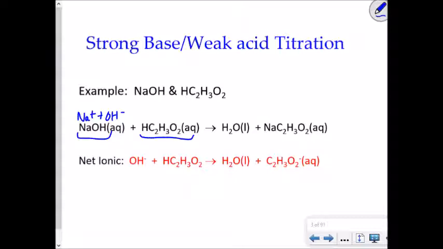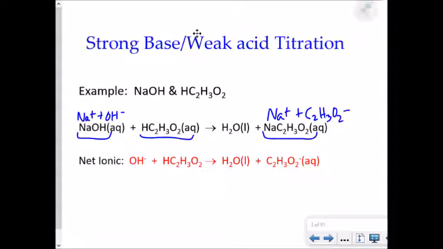It only partially dissociates. It would need to stay together. Of course, the water is a liquid, so it stays together. And then, of course, here we have sodium acetate. And the sodium acetate is a soluble salt. Remember, all acetates, this is where the solubility rules, you've got to remember those. And alkali metals are always soluble as well. So this one would also break apart into the ions.